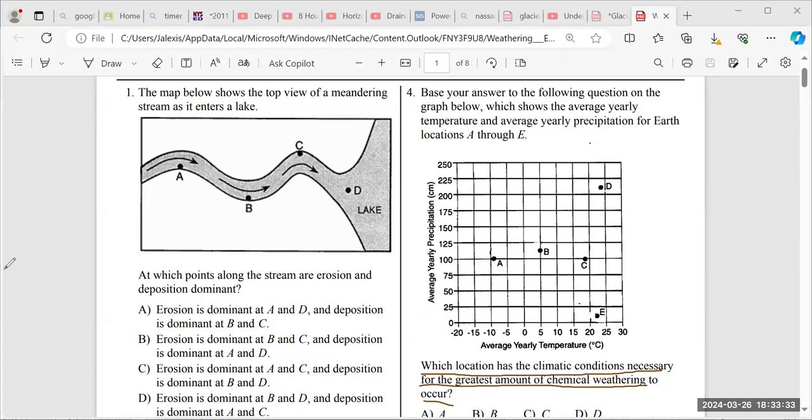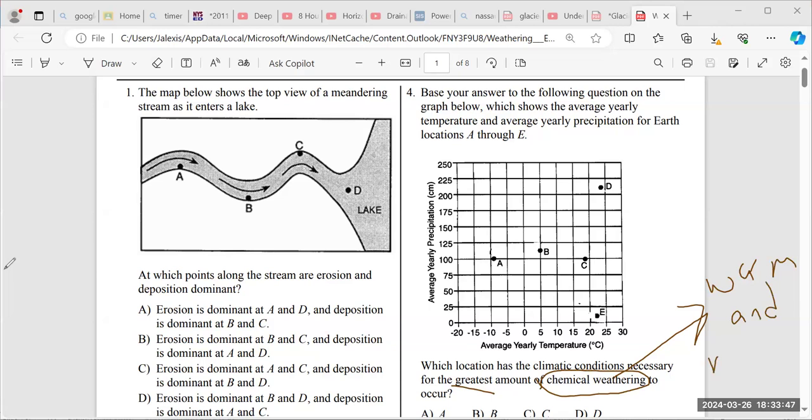The key thing we're focusing on is chemical weathering, and as we've learned, the greatest amount of chemical weathering occurs in a warm and moist climate.